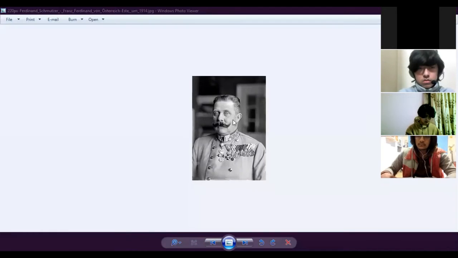And this person right here, he was the heir to the throne of Austria-Hungary. However, in an unlucky trip to Serbia, he was assassinated by a Serbian nationalist, and that caused Austria-Hungary to send an ultimatum to Serbia regarding sending Gavrilo Princip over for due trial, and also to end the Serbian nationalist organization Black Hand, which had played a role in killing Franz Ferdinand.